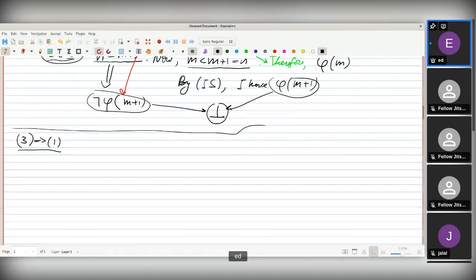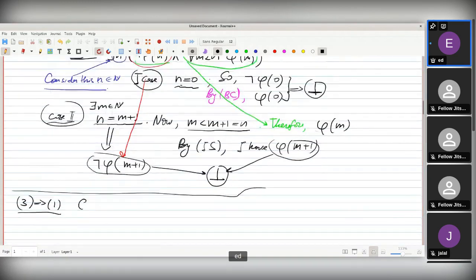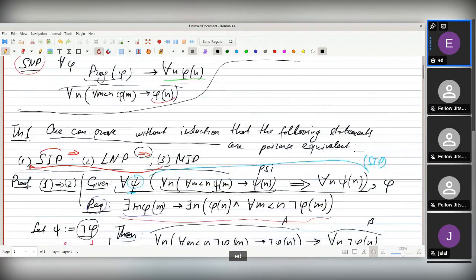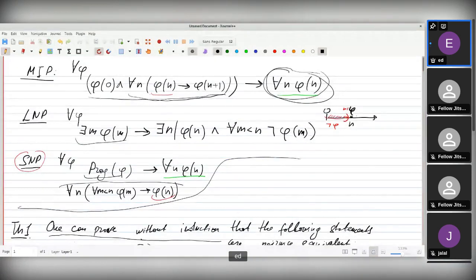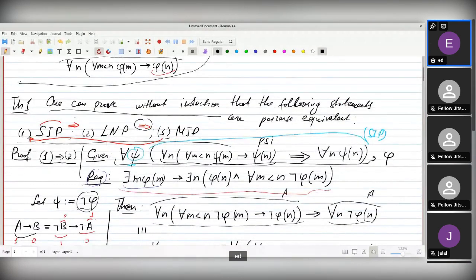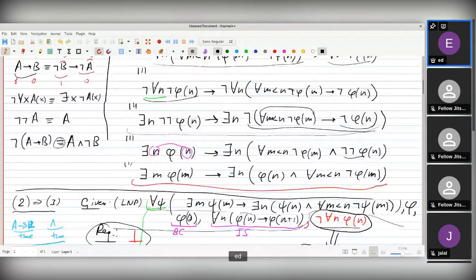So we're interested in proving that our mathematical induction principle, number 3, entails the strong induction principle.